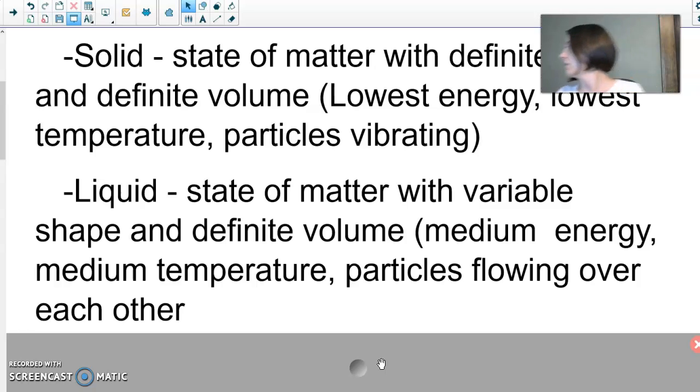So if we have some water, one glass here and one glass here, I can pour this water. Do you see those molecules are flowing over each other? And the volume didn't change. The amount I put in here was the amount that was added to this one, but the shape did change some.